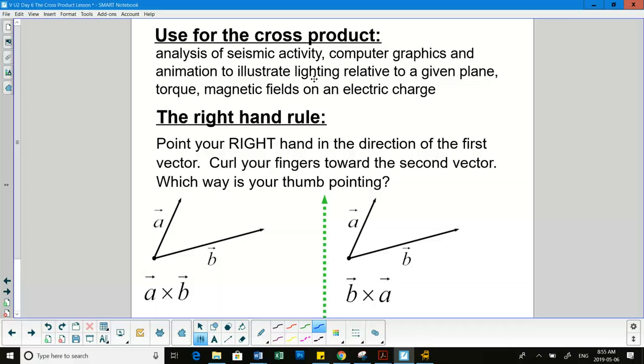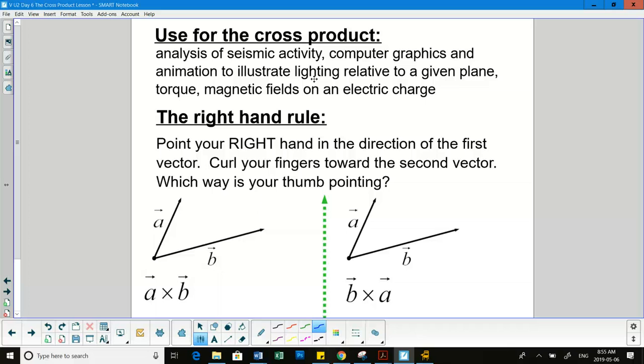The easiest way to tell whether our vector is coming out from the two vectors or going in is to use what's called the right-hand rule. Even if you're left-handed, you use your right hand. We arrange our right hand so that it's in line with the vector that is first in our cross product.